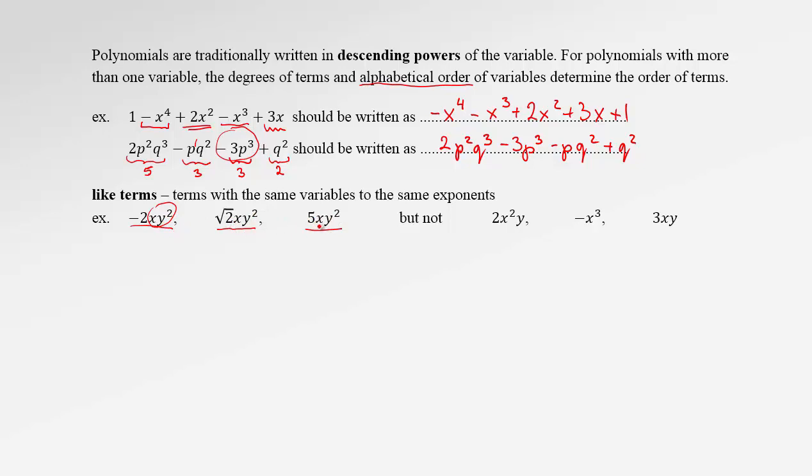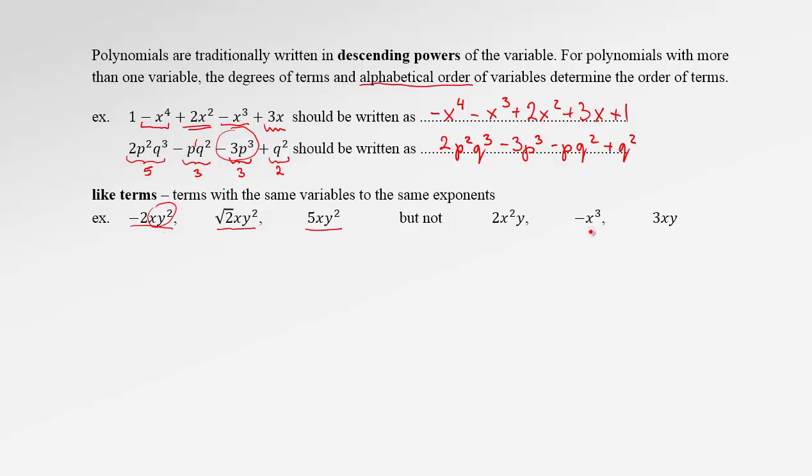Notice that those terms are not like the 2x squared y, even though we have exactly the same variables, but the distribution of exponents is different. So, like I mentioned before, this could be considered as tomato soup. However, that may be mushroom soup. It's a different type of soup, so we are not mixing them.